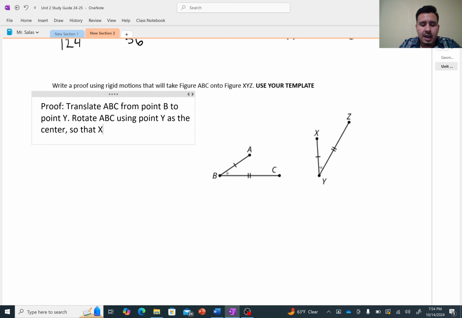I'll just say XY coincides with AB, and BC coincides with YZ.